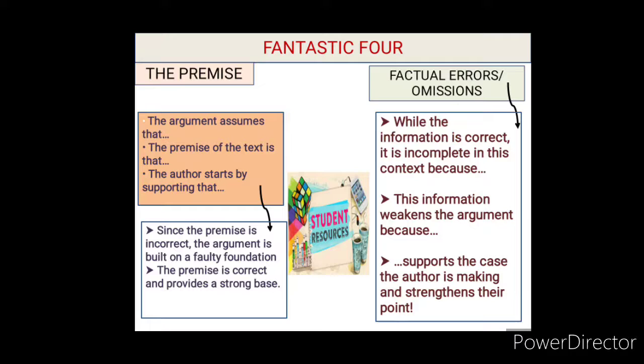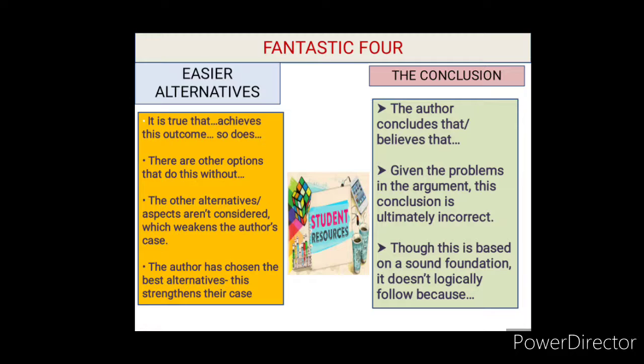Let's have a look at the Fantastic Four once again. The premise. The argument assumes that the premise of the text is that, like this, factual errors and omissions. The third one is easier alternatives and the conclusion.